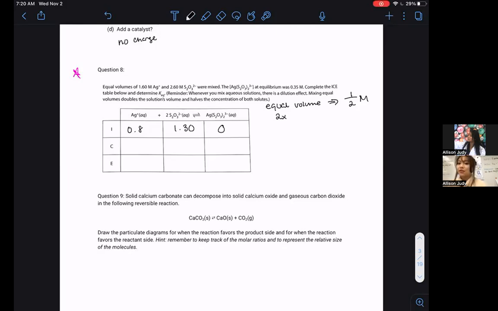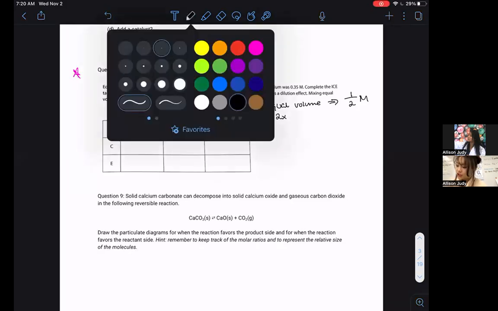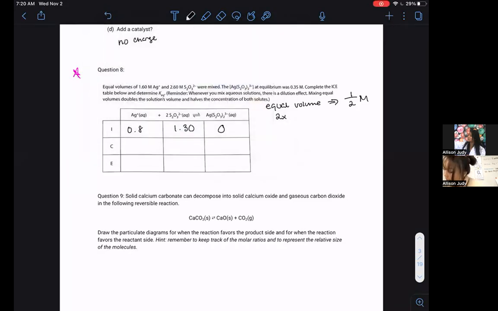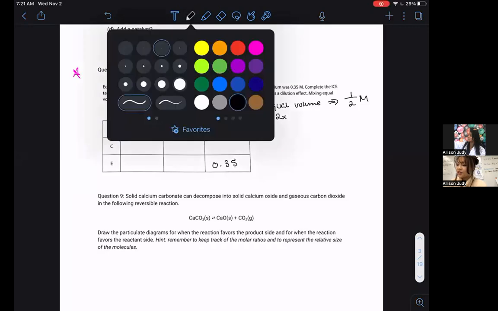If we initially mix everything, you don't have any product. And then we're told, in addition, from the word problem, that at equilibrium, the final concentration of the product was 0.35. So from there, now we need to fill in the rest of the table.